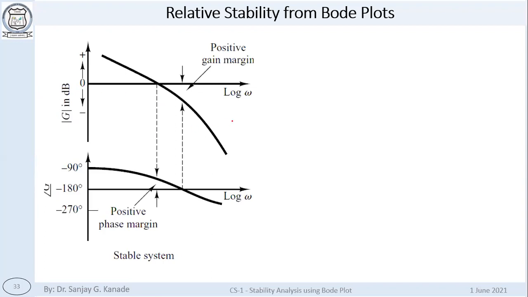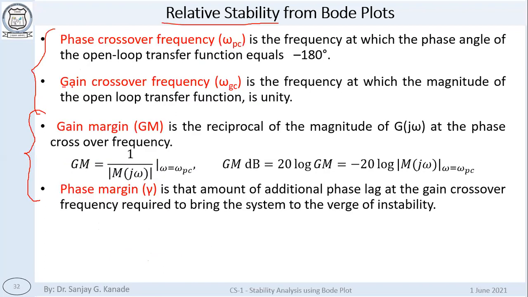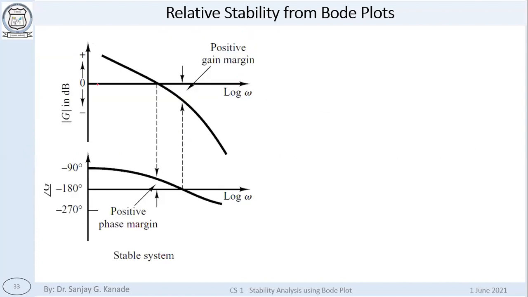So you see what are the definitions. Gain crossover frequency is the frequency at which magnitude is unity, or unity means 0 dB. So this is the 0 dB line, and this is the magnitude curve.